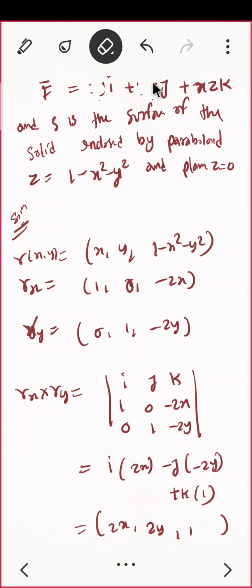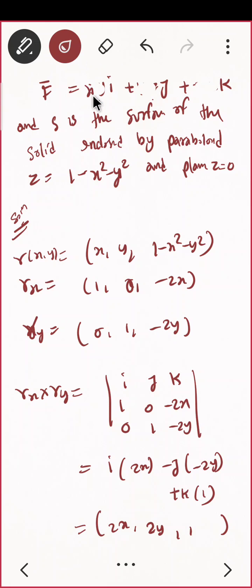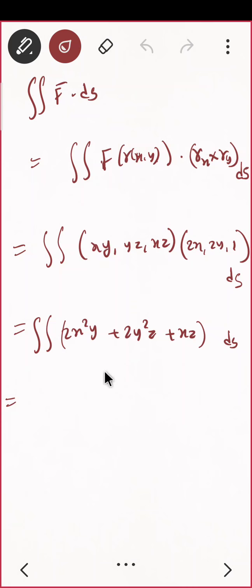Sorry, there was a correction. The function was actually xz, yz, and again xz. So this was the function: xz, yz and again xz. There is no problem in the parametrization, that will remain as it is. So here this will be xz, so the first term will come out as 2x squared z.